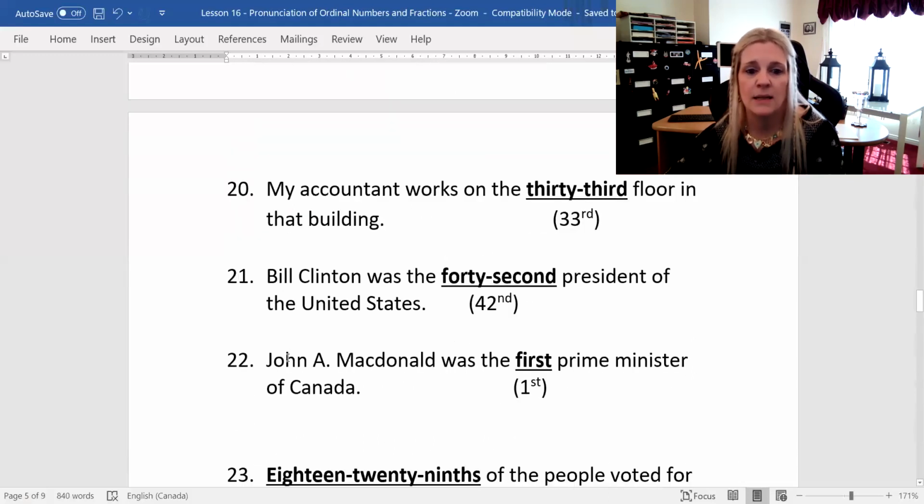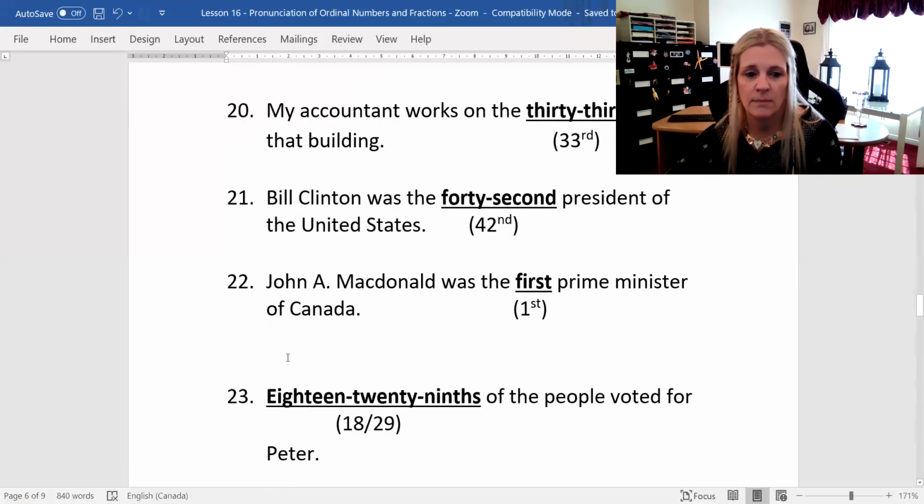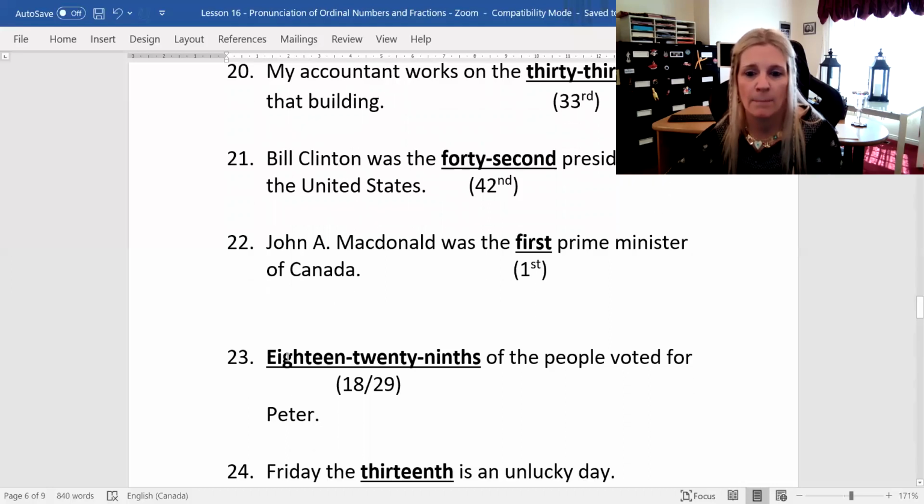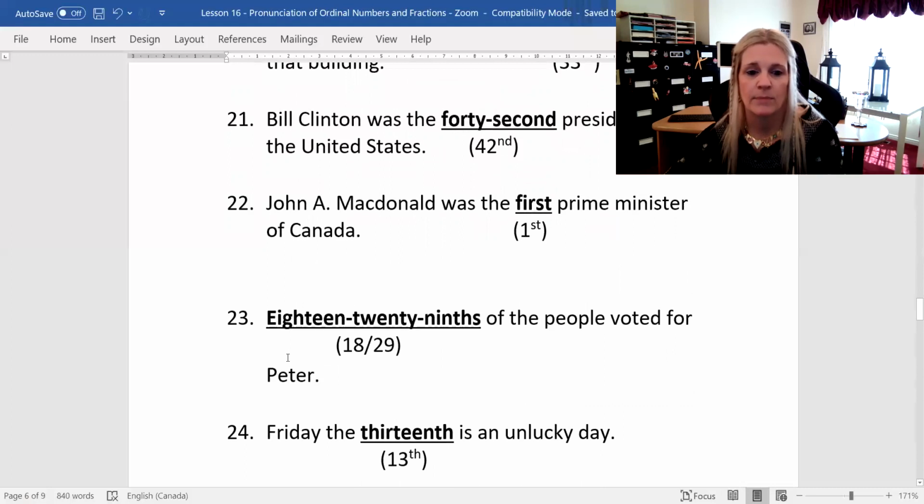Bill Clinton was the 42nd president of the United States. John A. Macdonald was the first Prime Minister of Canada. 18/29ths of the people voted for Peter.